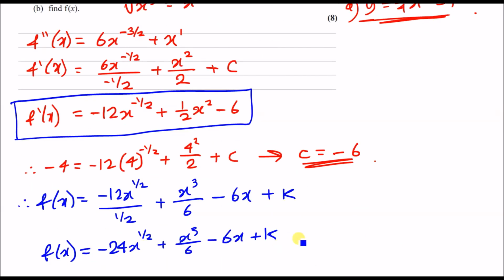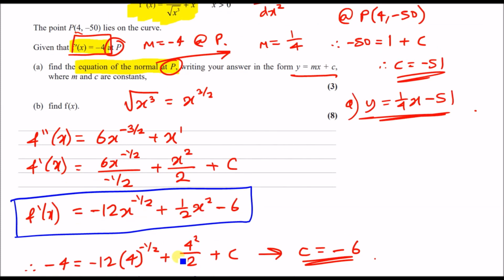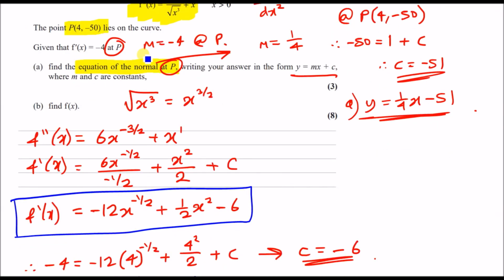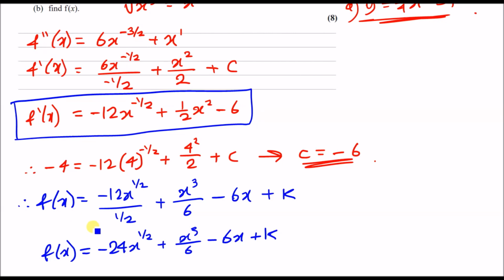So again, we just have to find any coordinate, and yep, we can still use the same one. We can still use p, which is 4, minus 50, because we actually have values for x and y. And just remember, guys, when you go back to f x, f x is the same as y, okay? So we can say, what's the p coordinate? 4, minus 50. When x is 4, y is minus 50.